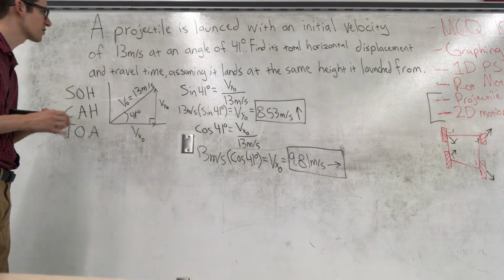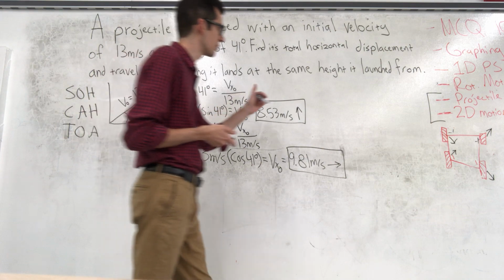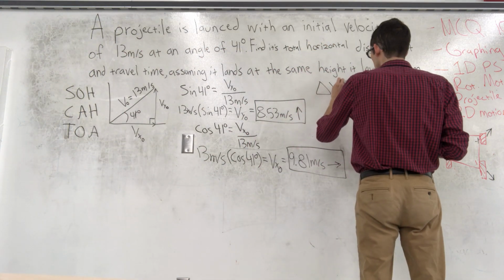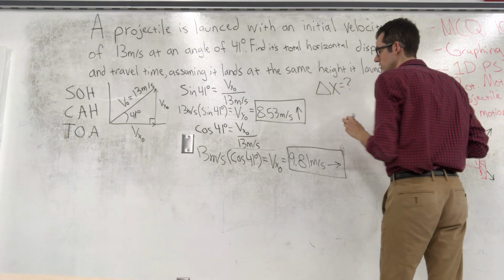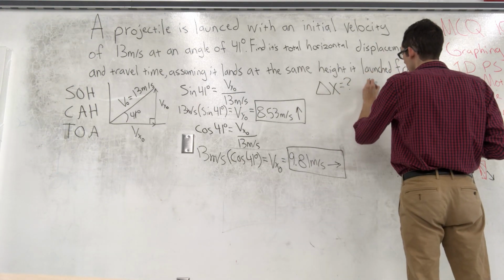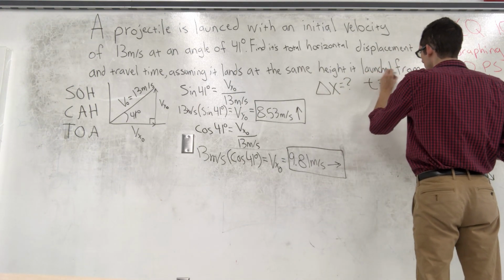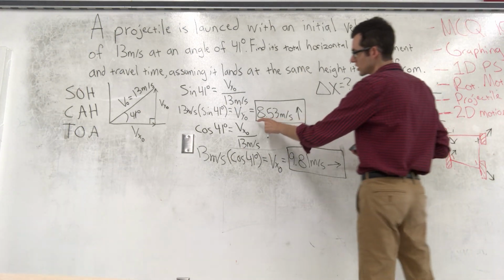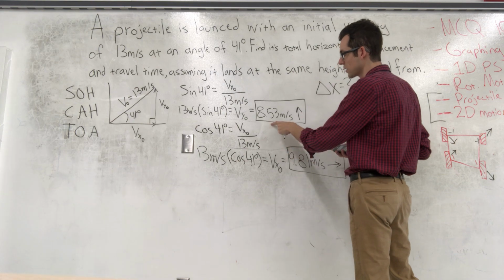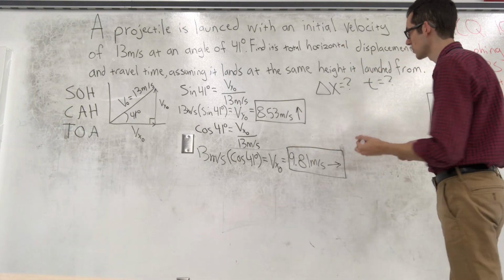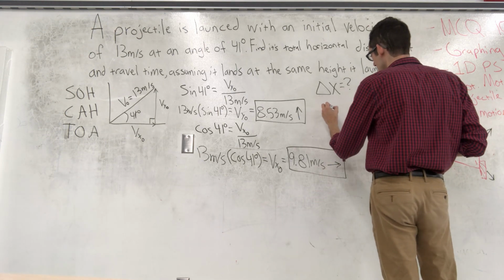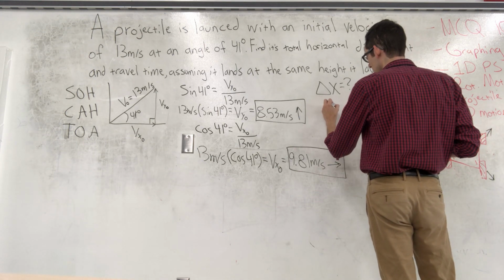Ultimately we need to find our horizontal displacement, delta x, and we also need to find our time, t. In order to do that, we're going to have to use this x and y velocity in our equations of motion. So if we recall for projectile motion, we're going to write our second equation from the sheet.